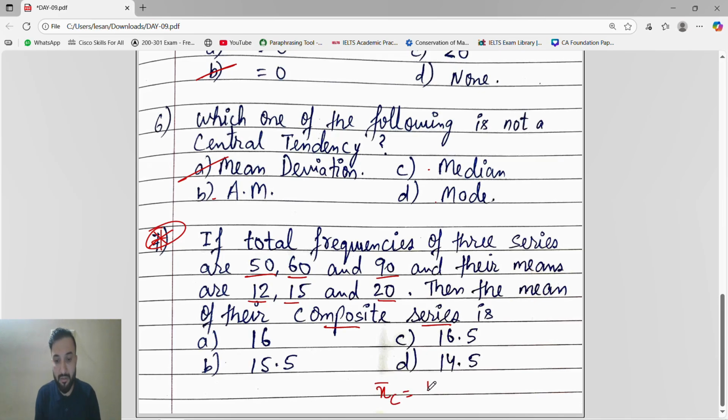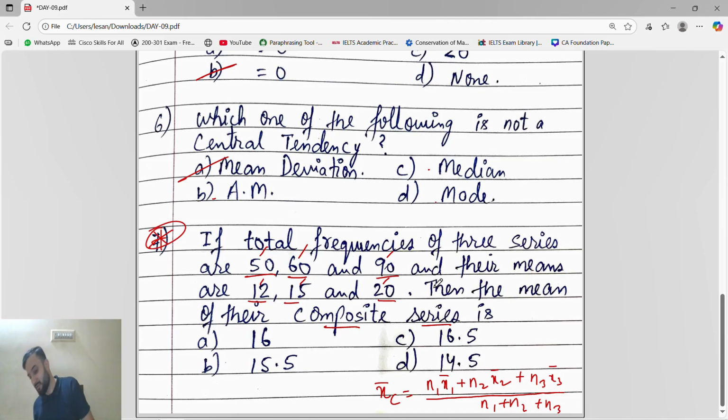Combined arithmetic mean is n1 x1 bar plus n2 x2 bar plus n3 x3 bar, whole divided by n1 plus n2 plus n3. Here n1 is 50, n2 is 60, n3 is 90, and their respective means are x1 bar 12, x2 bar 15, x3 bar 20.